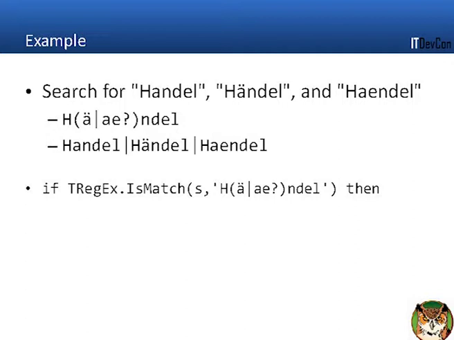So that's why the parentheses are important here. And the last trick, the question mark, means 0 or 1 occurrences of the character before it. So in this case, we accept A or we accept AE. So that's how the A case is handled, the A with umlaut case is handled, and the AE case is handled.